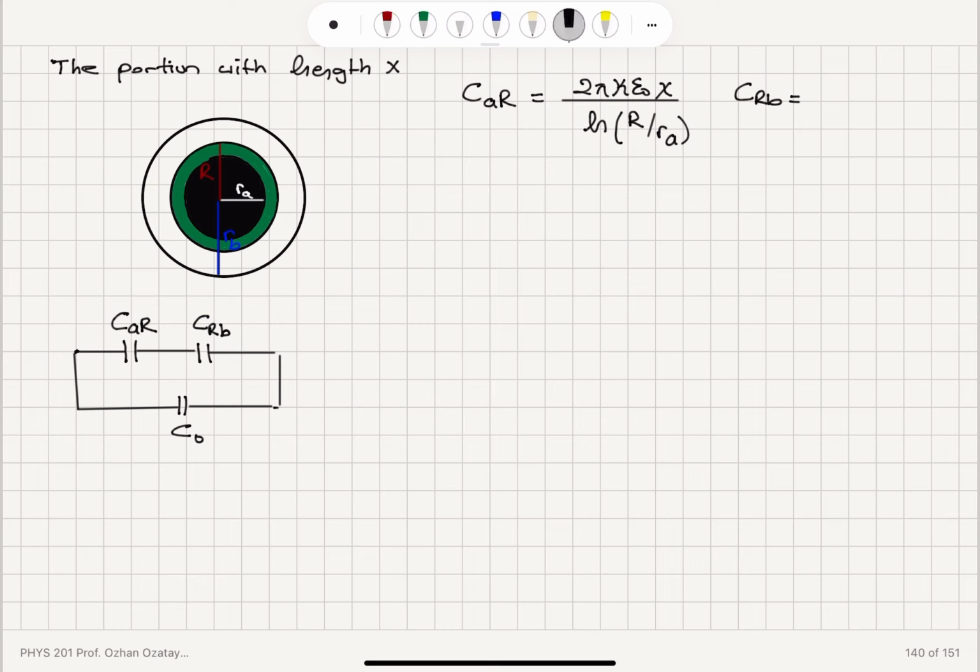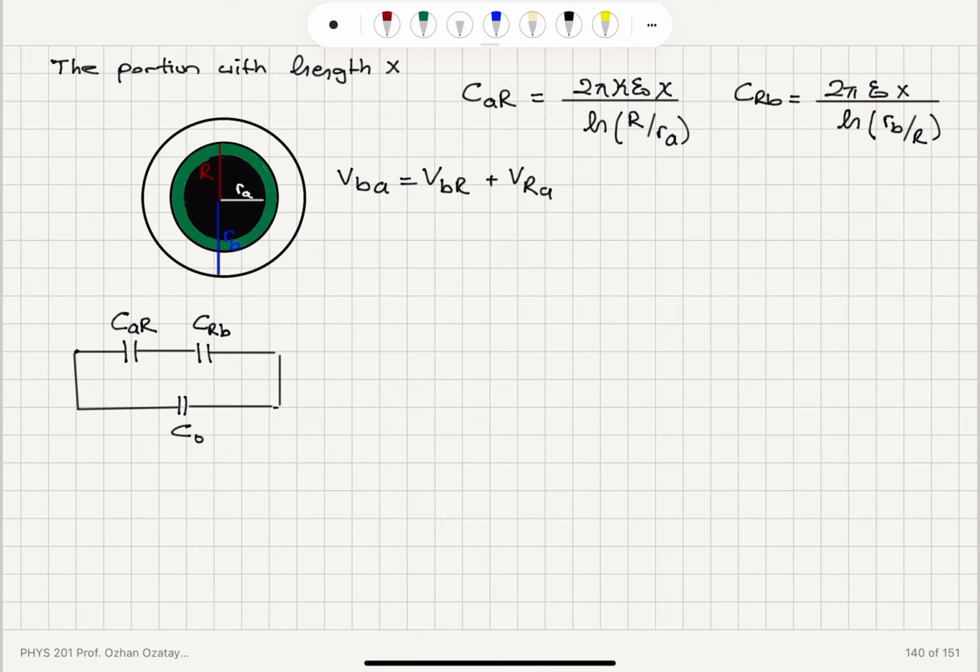And that is basically 2 pi epsilon 0 x, because there's no dielectric there, but this is in between an inner radius capital R, outer radius R sub B. Okay, and if you look at the potential difference between this point and this point, the potential of B with respect to A is due to the potential of B with respect to capital R, potential with respect to this surface, and potential of this surface with respect to this surface, plus V R sub A.